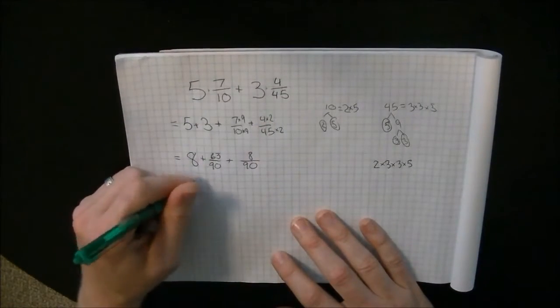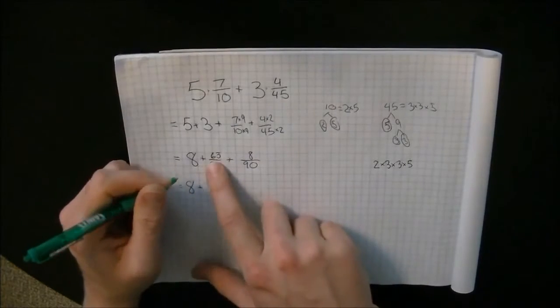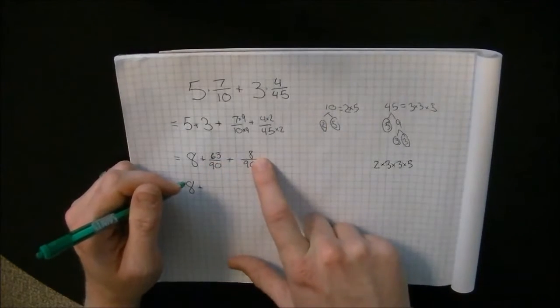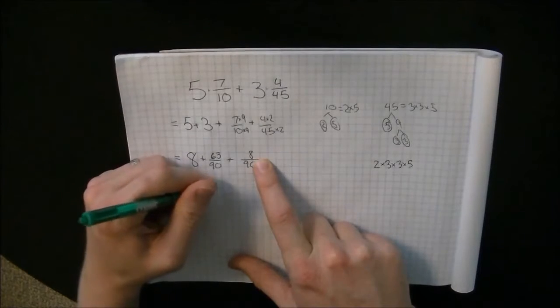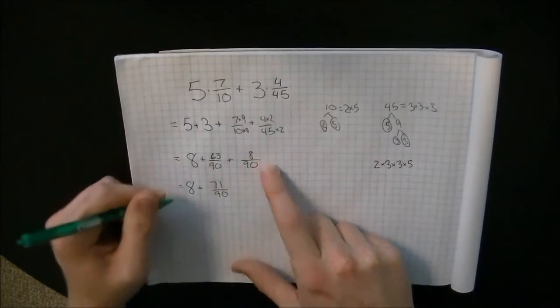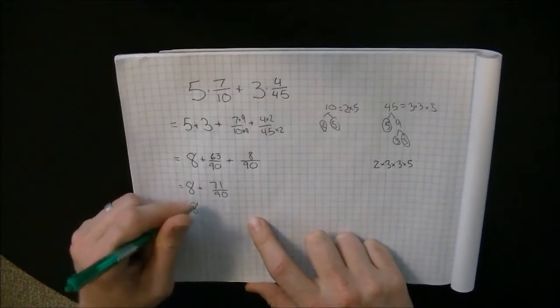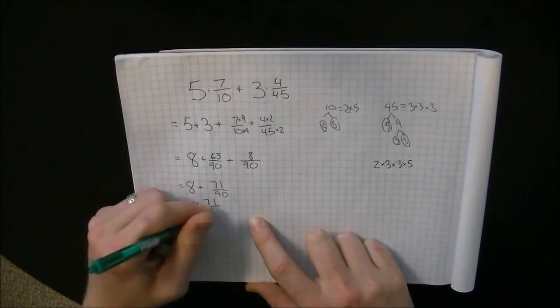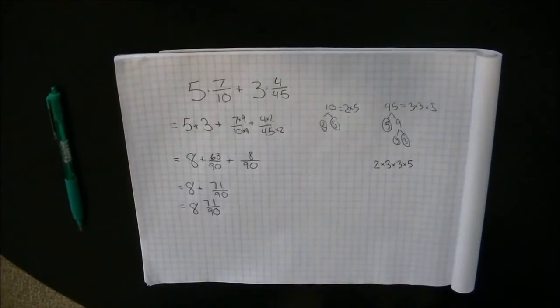So I now have 8 plus, okay, what's 63 plus 8? That's 71. So I have 8 and 71 90ths. And that's how we add mixed numbers. So there we go.